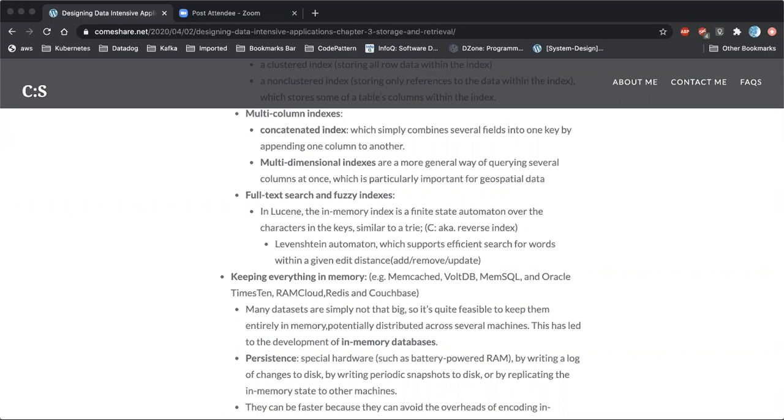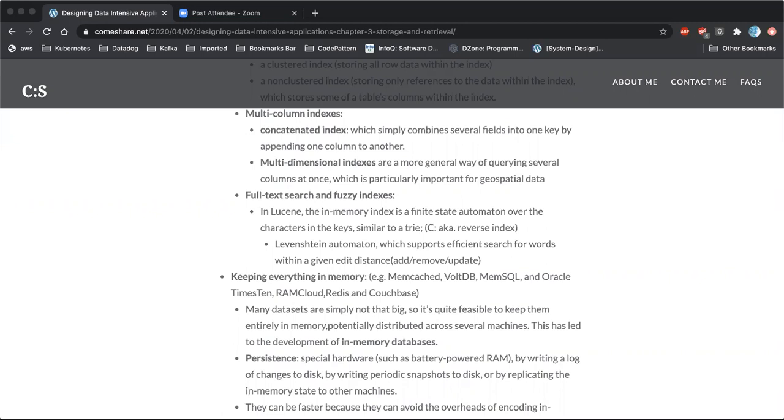Using that existing thing, you can concatenate those multiple columns together into a key and then store the index. Or he's saying you have separate indexes for each column, and when you are searching for a query, first you find the key in that column.